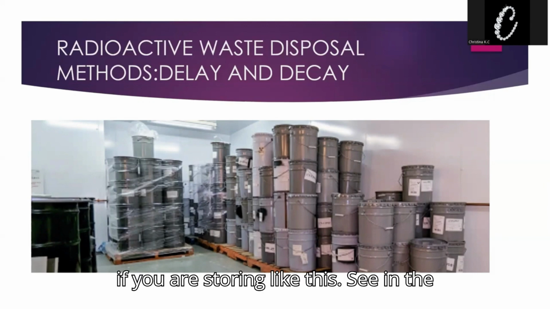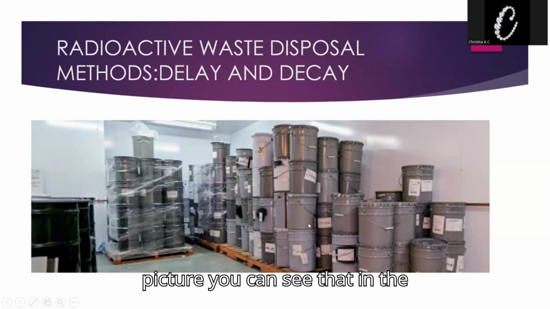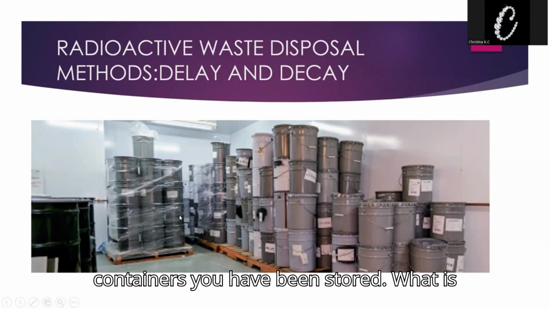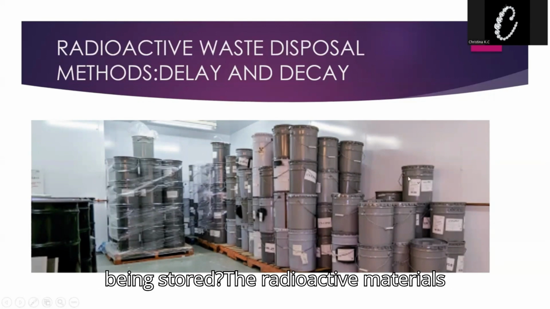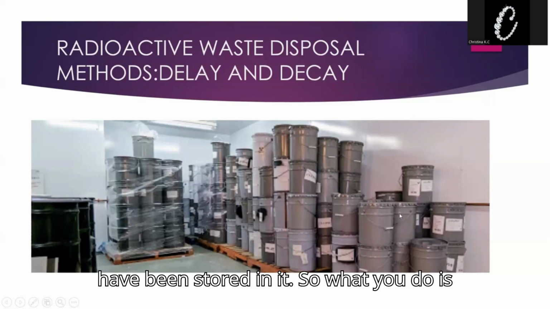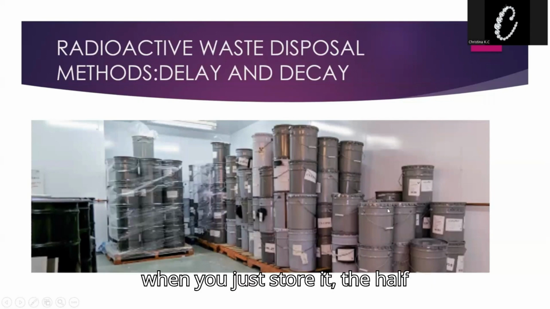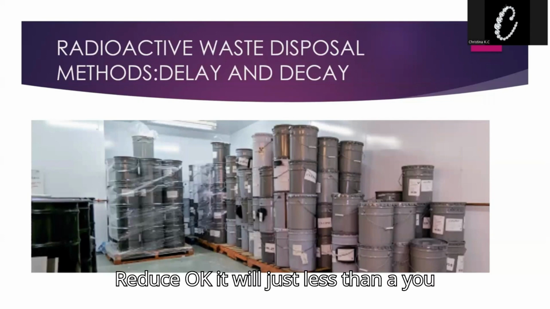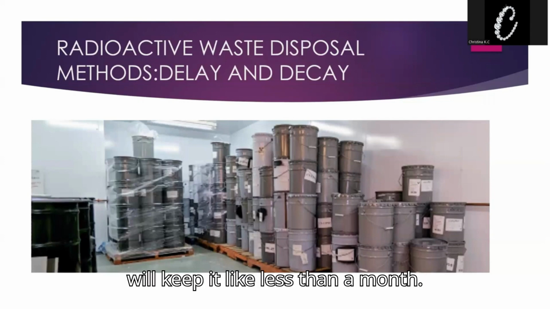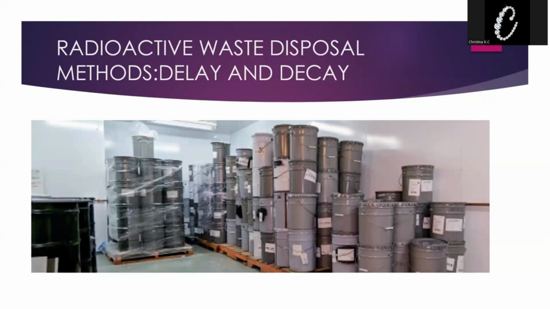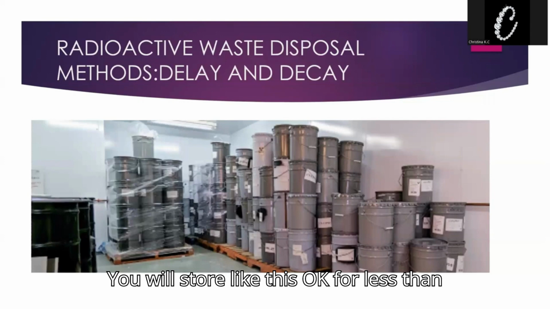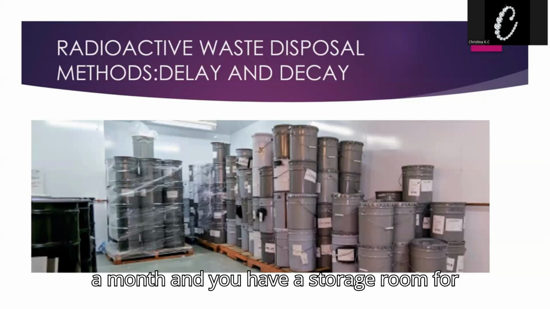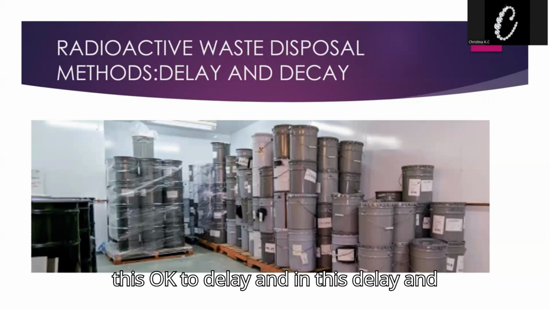In the picture you can see the radioactive materials stored in containers. When you store it, the activity is reduced. You keep it for less than a month, and you have a storage room for this, to delay.